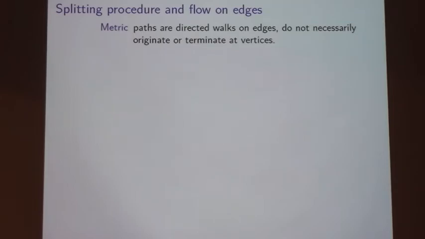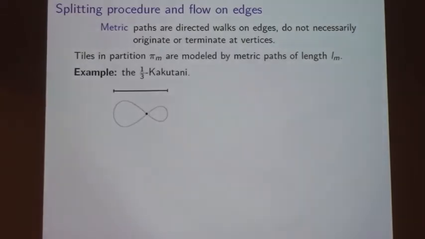Usually paths are walks that go from vertex to vertex. But I say a metric path is just a walk. You start somewhere, you walk along the edges, and you stop. Okay? And the point is that the tiles that you see in the nth partition can be modeled by the set of all metric paths that have a certain length. So this is how I think about this.